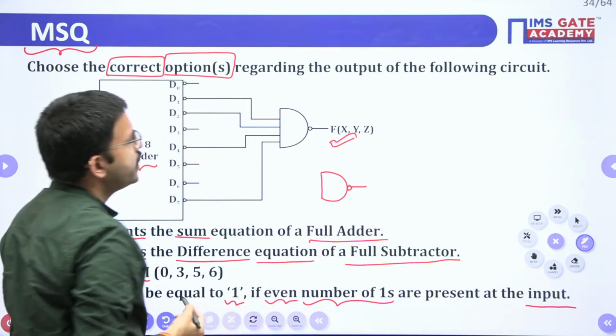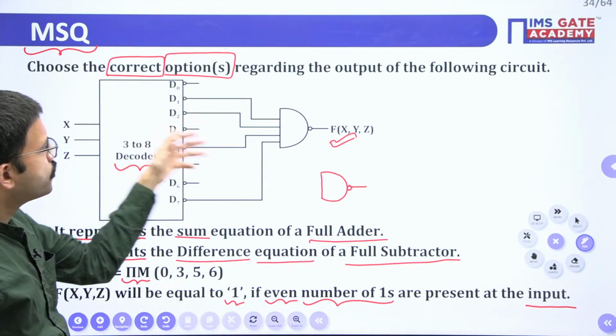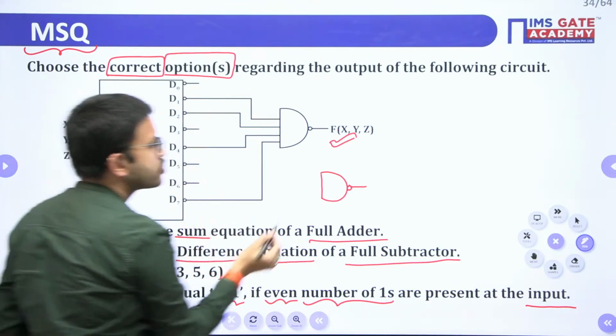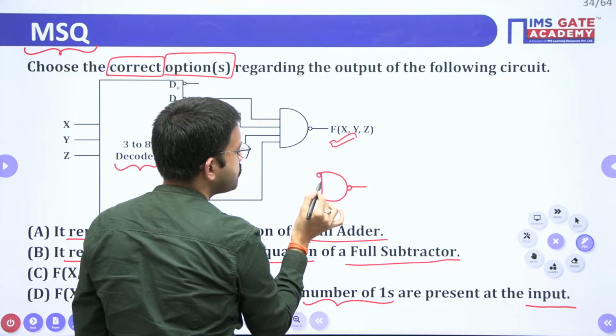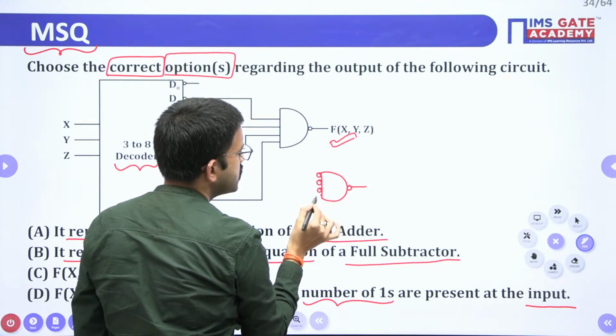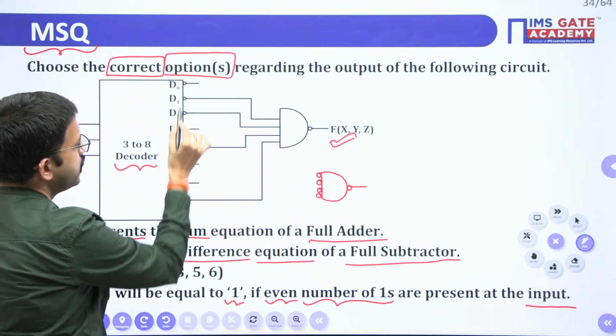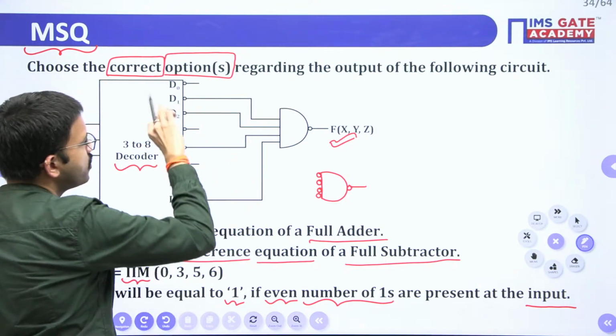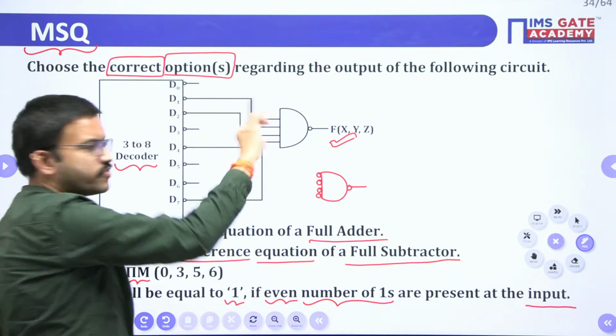Here you're having 4 inputs, and for all the 4 inputs you're having bubbles. I'm placing these bubbles here just for easy understanding.